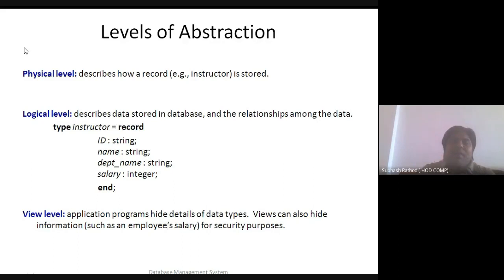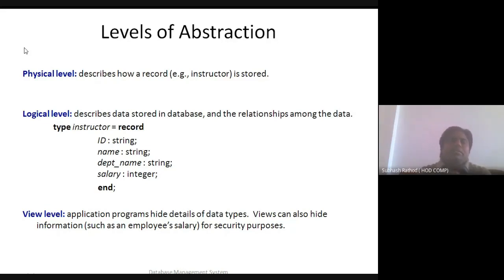It is also to avoid attacks. If somebody enters the system and knows how the data resides, they could modify it, and that should not happen. They should not know what logic has been implemented in the underlying system. So all these cares are taken in DBMS with the help of levels of abstraction.